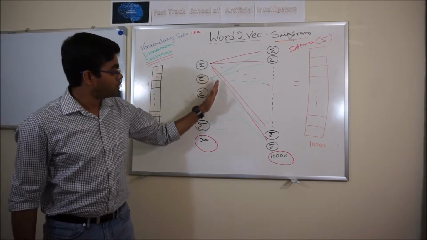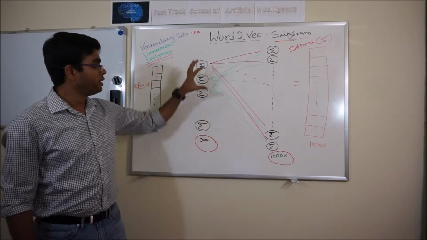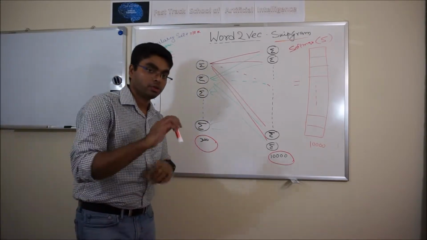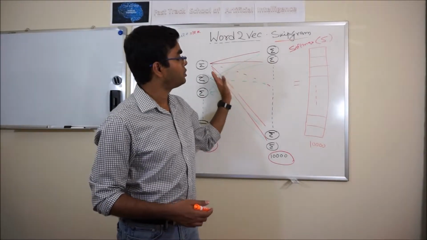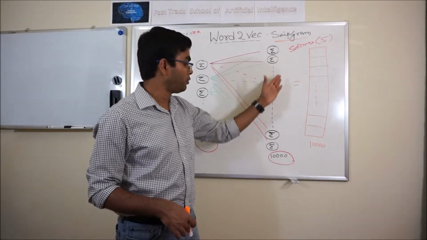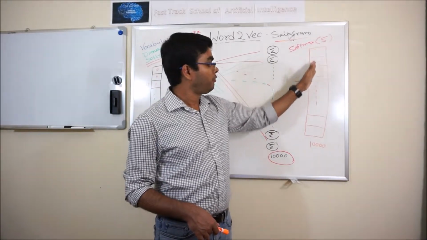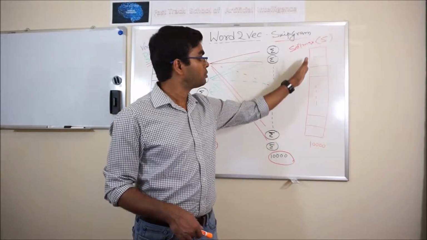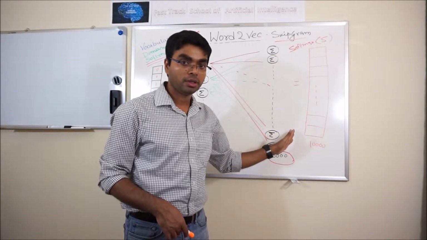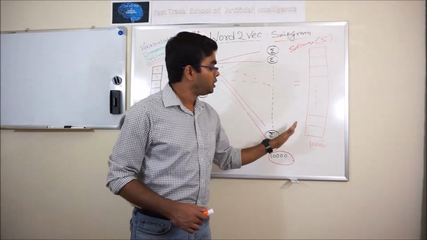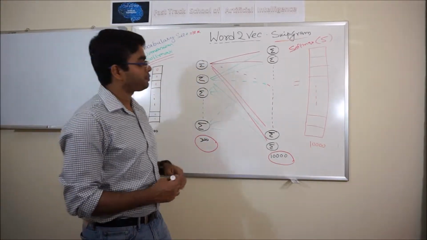It will be passed to the hidden layer. The hidden layer will do all these calculations and send the contents to the output layer. The output layer will produce probabilities for each of the words in the vocabulary to be the context word for this target word, Soviet.